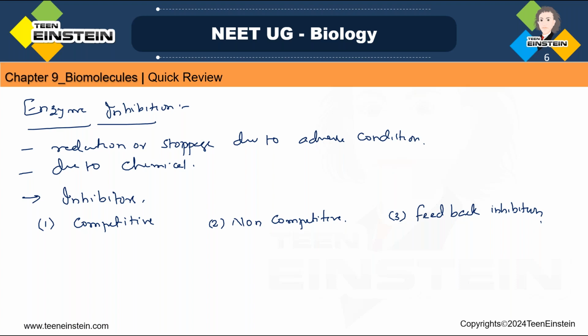So we have covered all the important points of this chapter within 2 hours. Exam questions of this chapter are divided into topics: carbohydrate, protein, lipid, nucleic acids, and enzymes. If you learn these points, you can answer almost every question, because we have covered 10 years of question papers from this chapter.